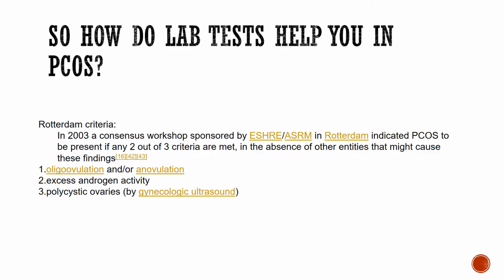So just to review the Rotterdam criteria, developed in 2003, basically they say that if you've got any two of these three criteria, you have PCOS. So if you have anovulation, women that don't ovulate, usually they have sudden onset of their periods without any premenstrual symptoms.